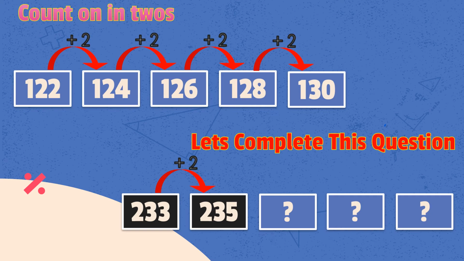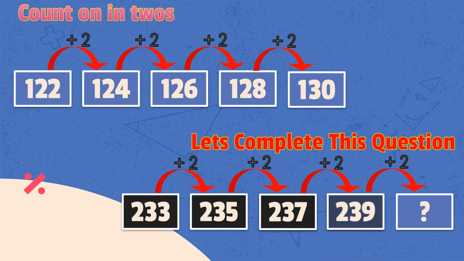That means we add 233 with 2 to get 235. So to find the missing numbers, we also need to add 2 in between two numbers. Then add 2 becomes 237, 239, and 241.